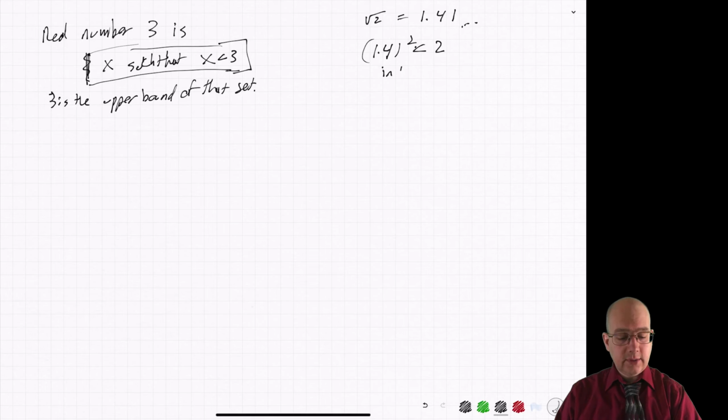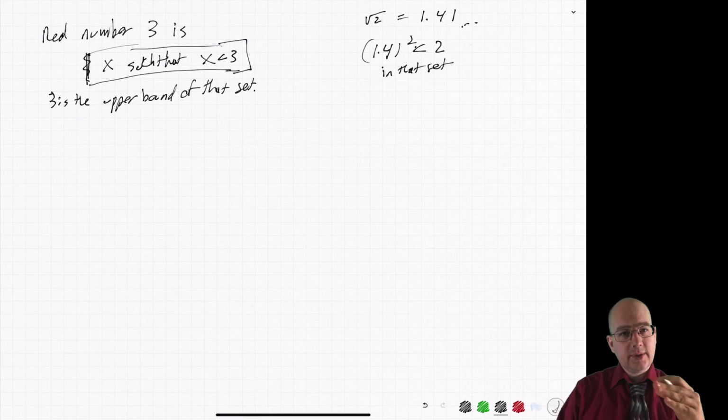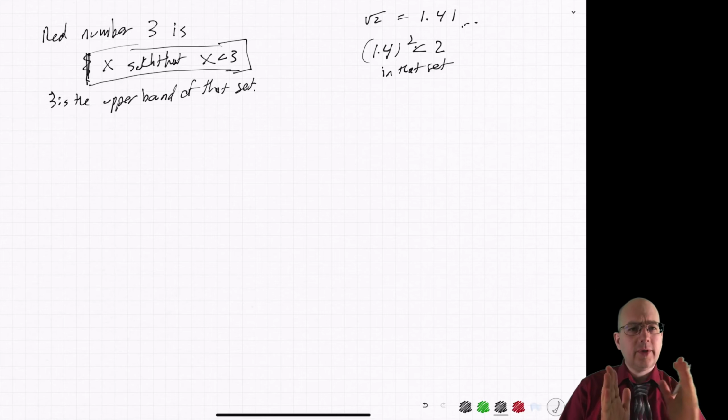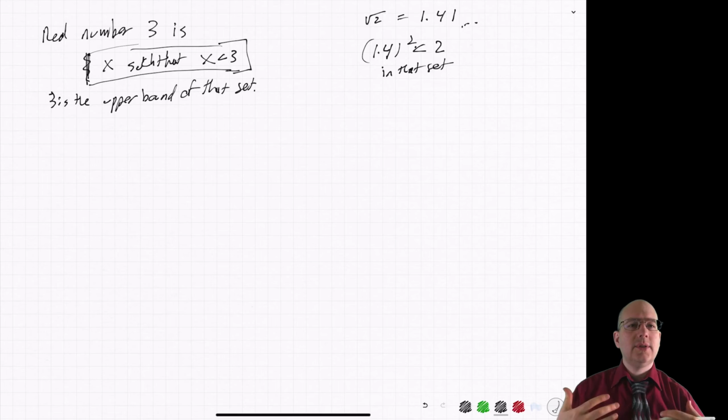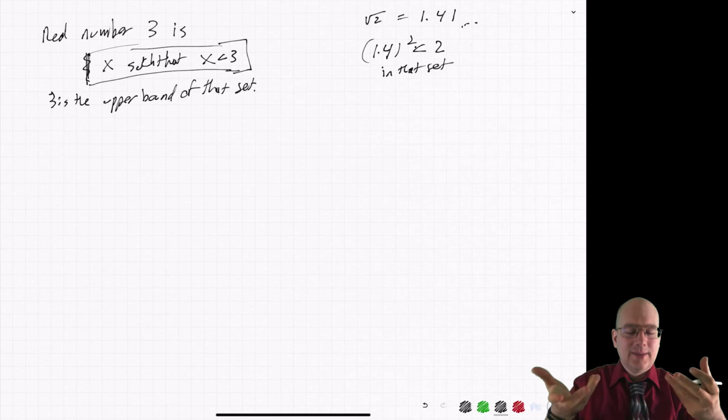That's in that set, right? And so as you approximate this thing, you can get ever closer, and all those approximations are in that set. And as you get closer and closer, you're closing in on that boundary. And so that's how you can kind of get the real numbers.